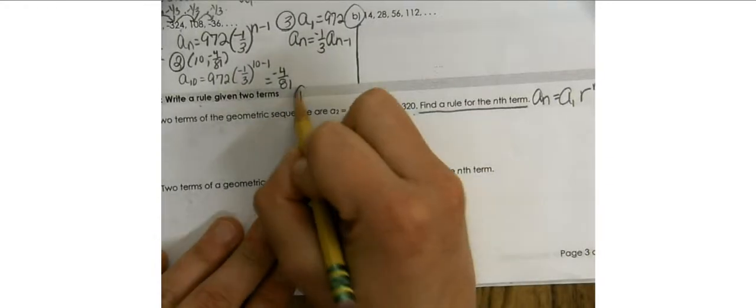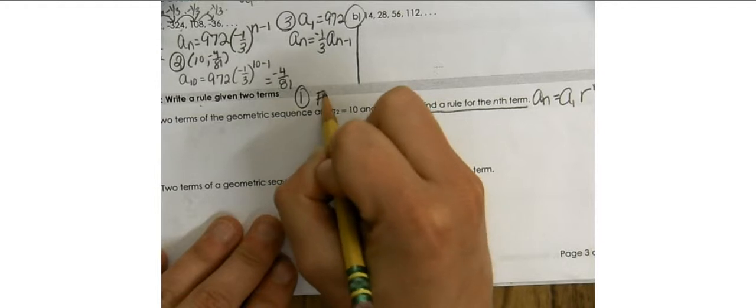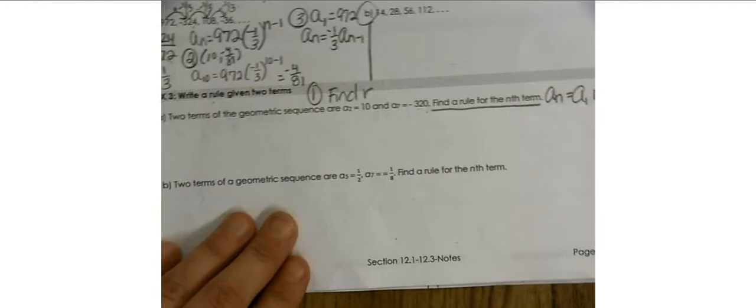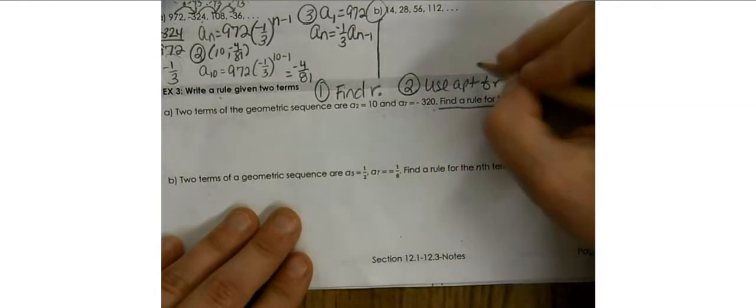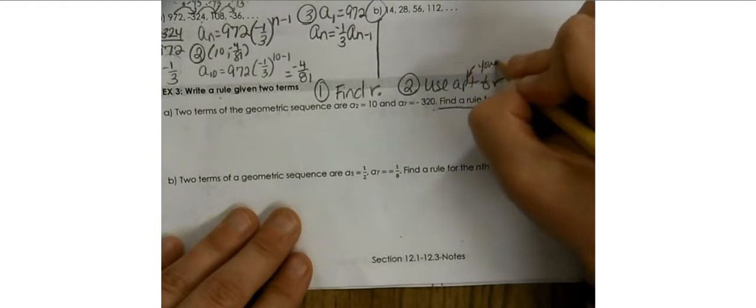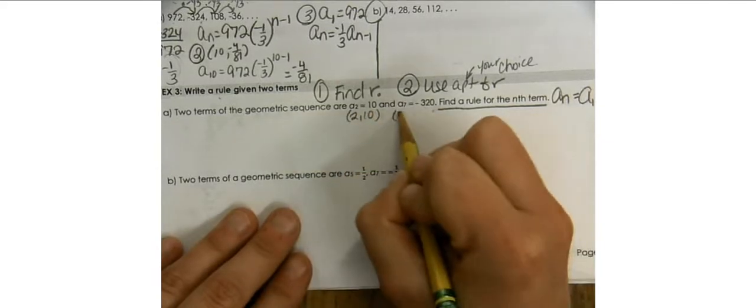The first thing you need to do is find what your multiplier is. So we're going to find what r is. Then the second thing we're going to do is use a point and your r value. Now this point is going to be your choice. There are 2 points that I'm going to provide you with. In this case, we have (2, 10) and we have (7, negative 320).